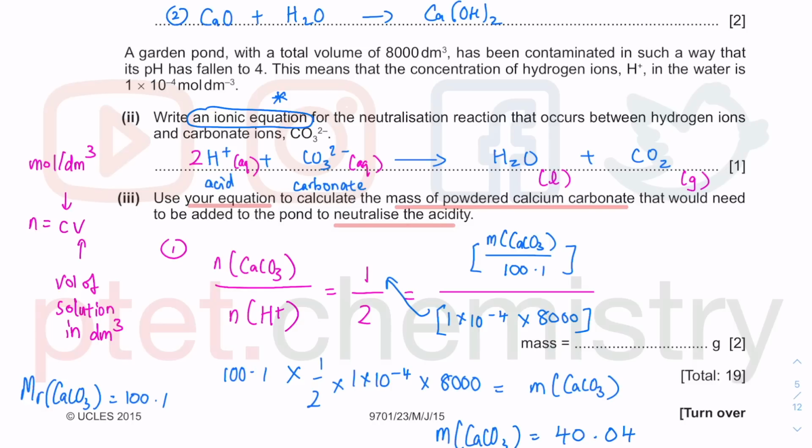But then looking at the data, this was given to, like, you can think of this as 4 or 1 significant figure. This is also 1 significant figure. I don't think I should give too many significant figures. Maybe 1 or 2 should be all right. If I give it to 40 gram, you can interpret this as 2 significant figures or 1 significant figure, which is all right given the data that we have been given in this question here.